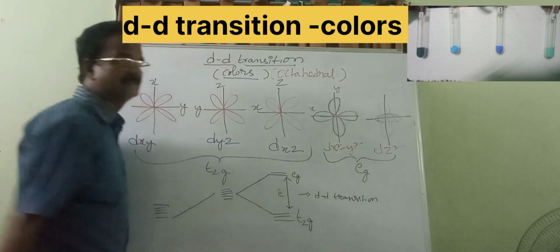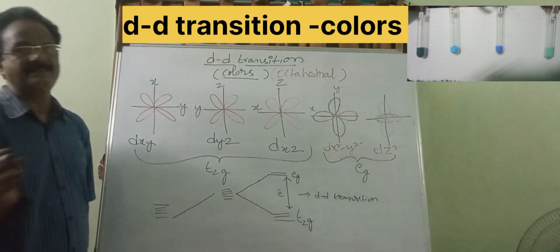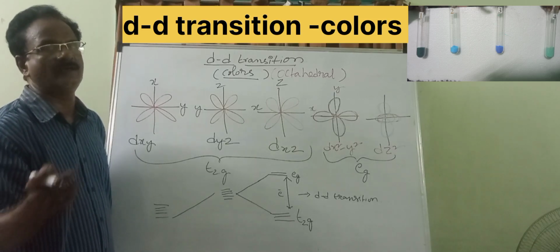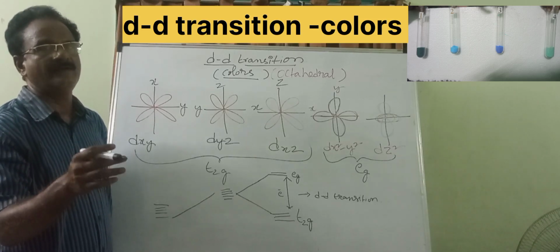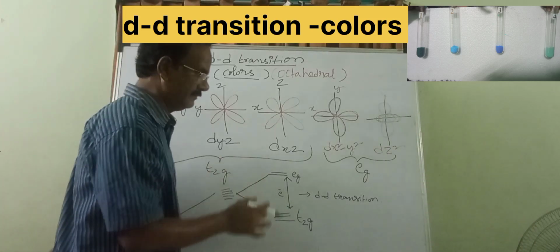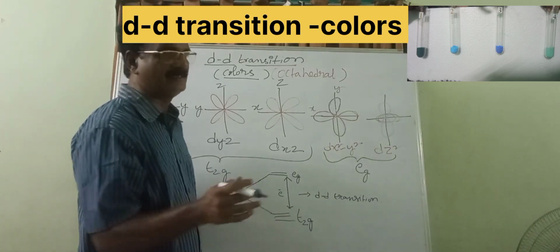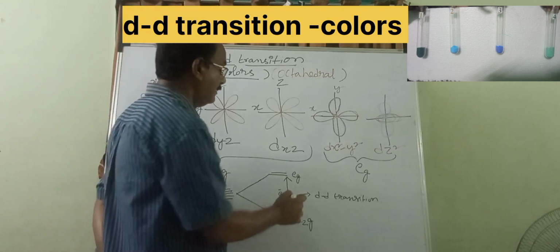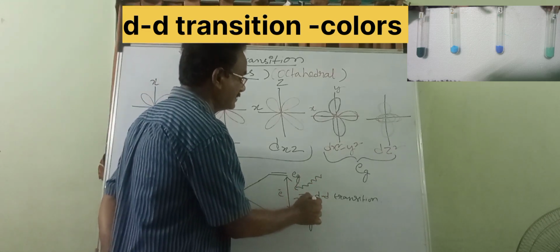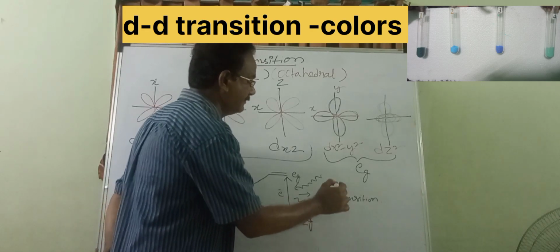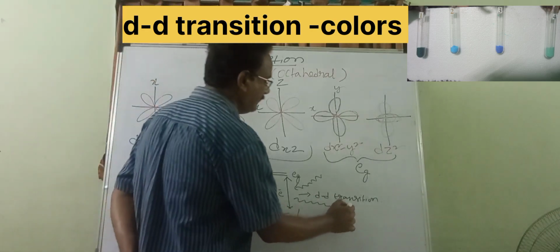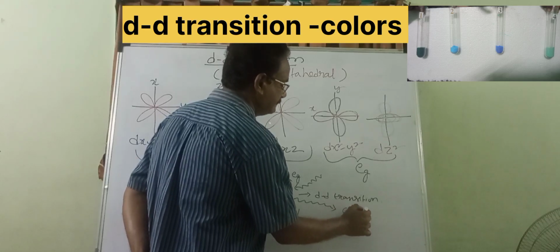d-d transition is nothing but exchange or transfer of an electron from a lower energetic orbital to a higher energetic orbital, and vice versa, from a higher energetic to a lower energetic orbital. During this process, some extent of energy will be absorbed at first, and then some energy utilized, and then the remaining energy will be released. Okay, the released energy will appear as color.